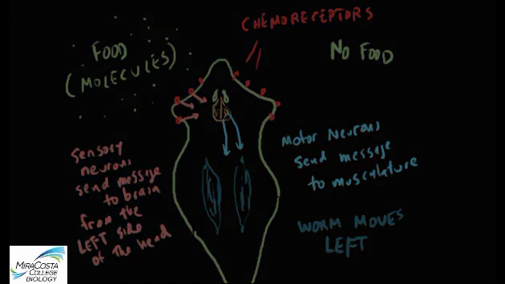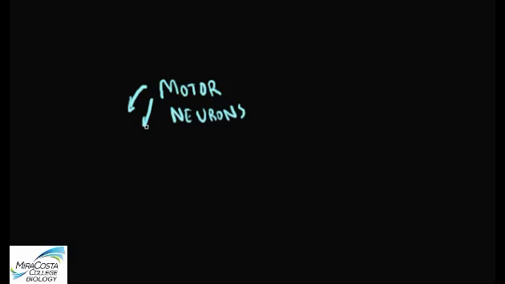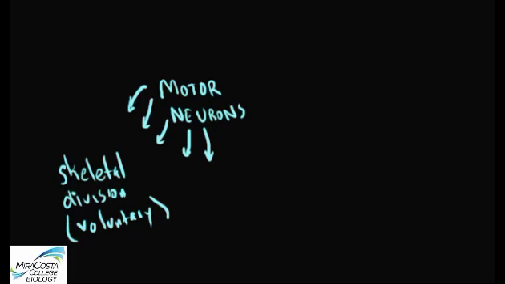How about homeostasis? That's the second of the large categories of physiological function. Well, in vertebrates, the motor nervous system is broken into the skeletal division, the motor nerves that go out and tell your skeletal muscles to contract or not to contract, and you have more or less voluntary control over these.